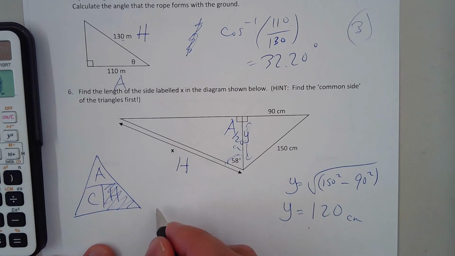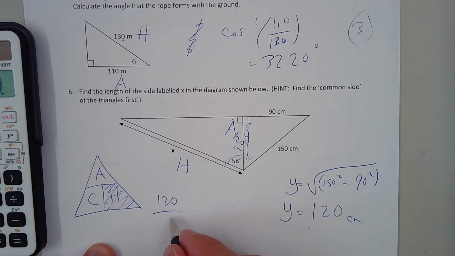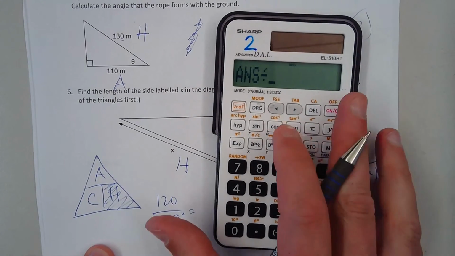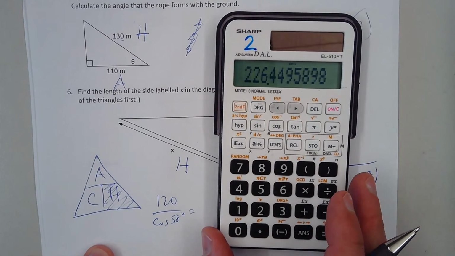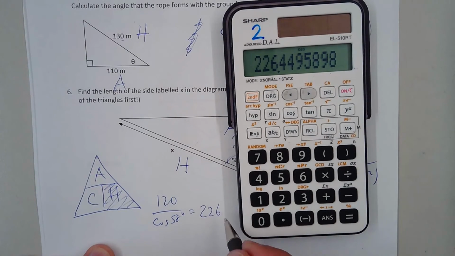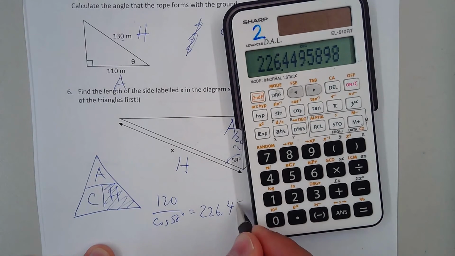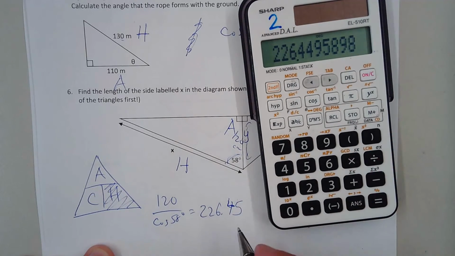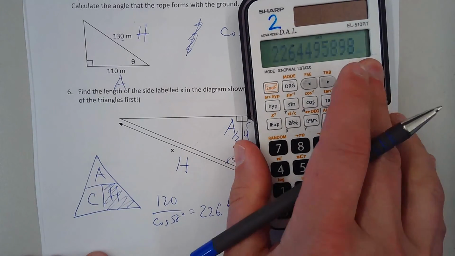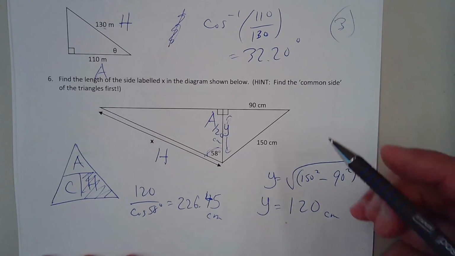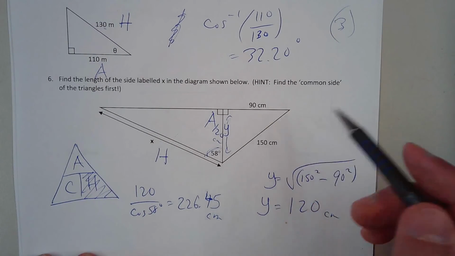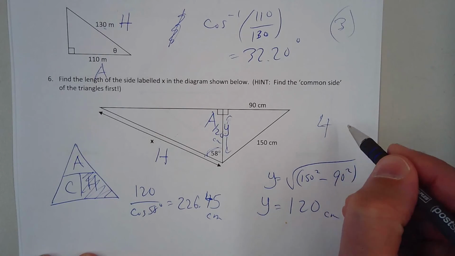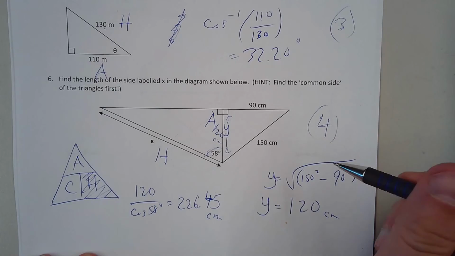So it's going to be the 120 that we solved for divided by the cosine of 58 degrees, which is 226.45. And that was in centimeters, right? Centimeters. Anybody get 226.45? Yeah. Okay, so this would be a 4-mark question. Extra mark for doing the first part.